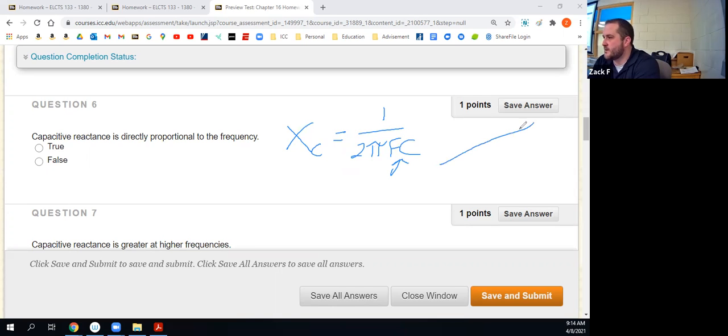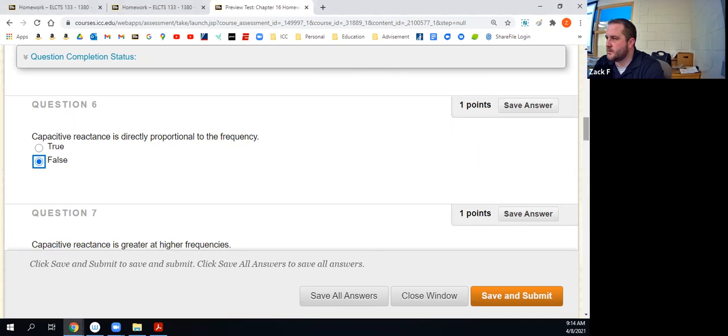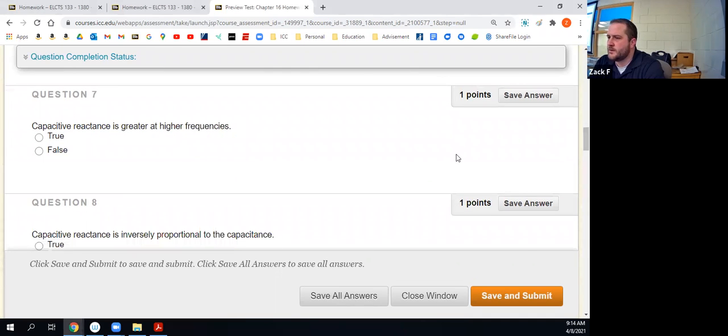So as the capacitive reactance goes up, frequency goes down, or vice versa. So that would be false. Is capacitive reactance greater at higher frequencies? No, because it's inversely proportional, right?